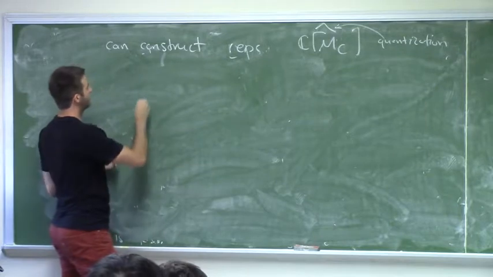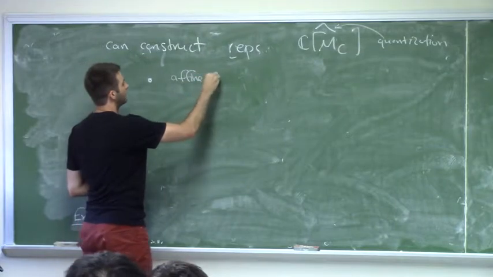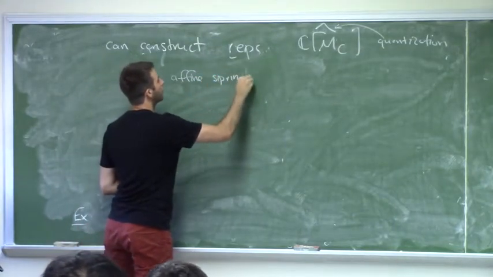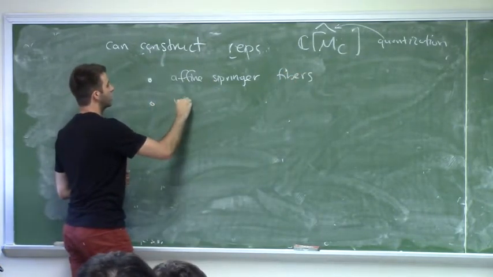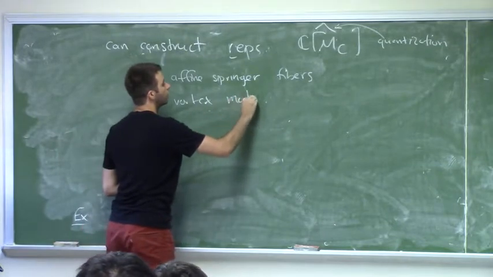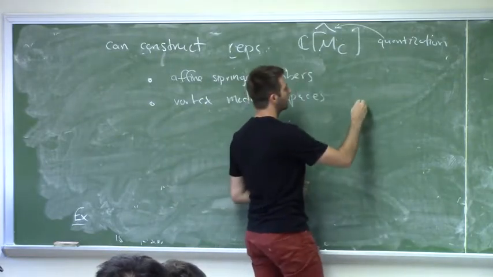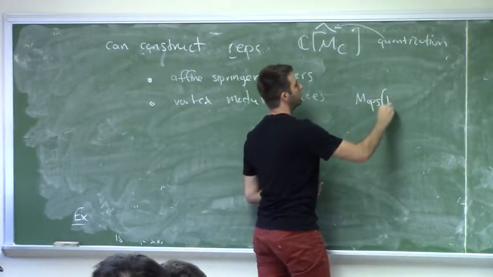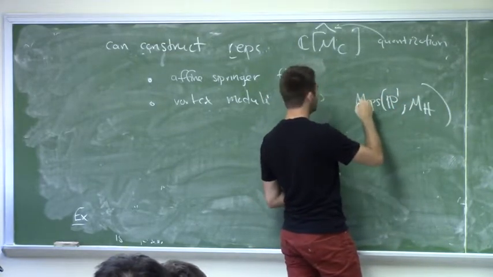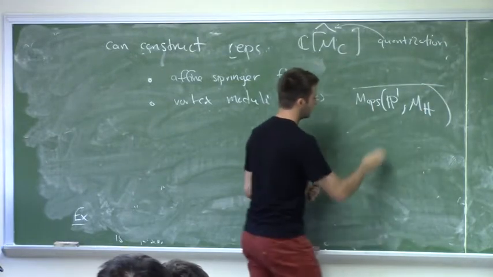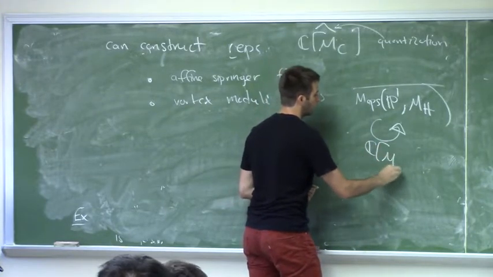And then the sort of things that come up in this, there would be various things about Springer fibers, vortex moduli spaces. These are basically something like you can get maps from P1 into the Higgs branch, and then you take some activation. Turns out that this will have an action of the quantized Coulomb branch.